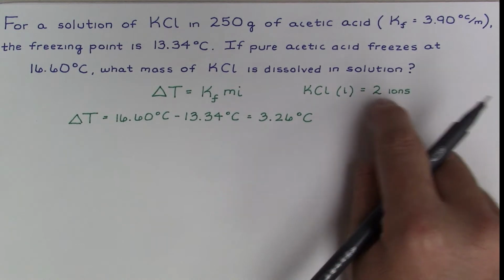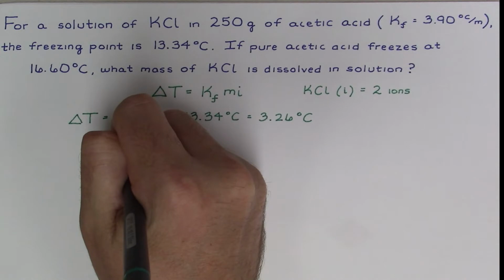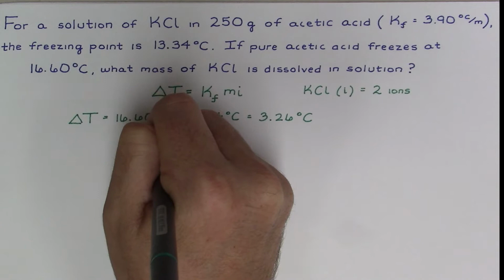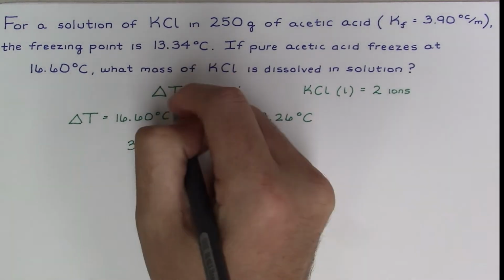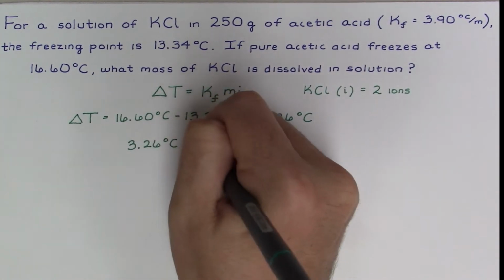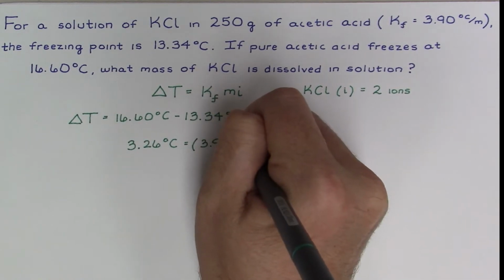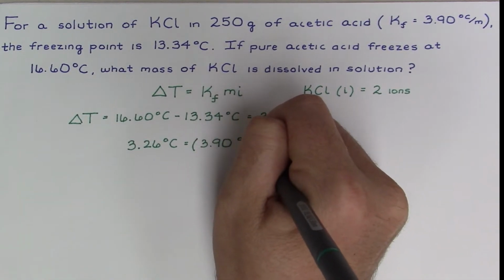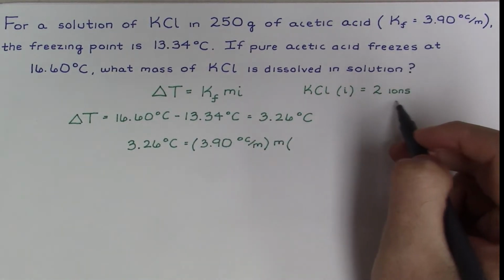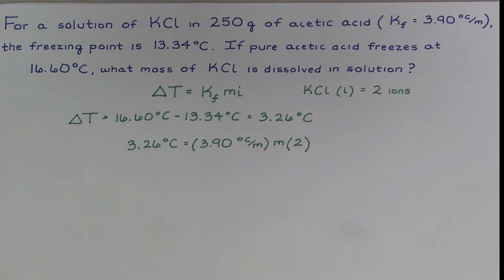So now, because we have a Kf value of acetic acid and we have our Van't Hoff factor for potassium chloride, we are able to calculate the molality of our solution. This is done by saying that 3.26 degrees C, our temperature change, is equal to our 3.90 degrees C per molal, this is our Kf term from the problem, times our molality, and then times our two ions, because this is a dissociating solute.